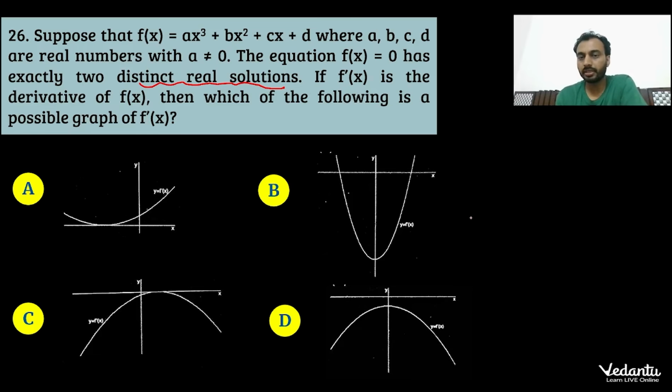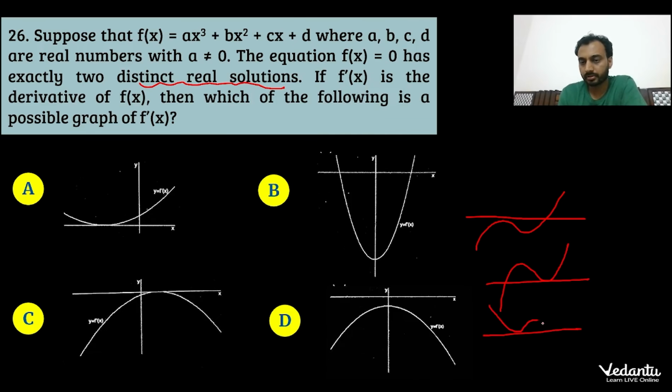So the possibilities of f(x) are like this, right? Or this is for a positive, and also you can draw a graph like this.